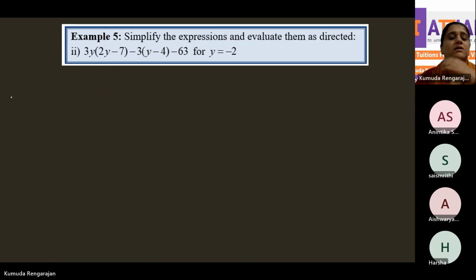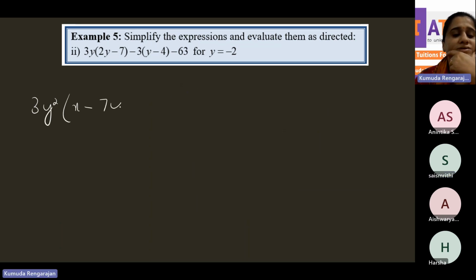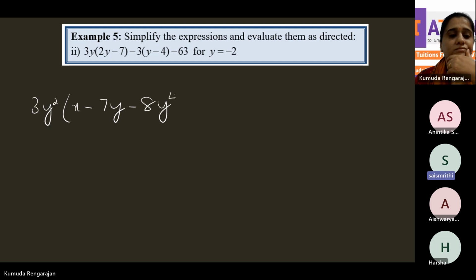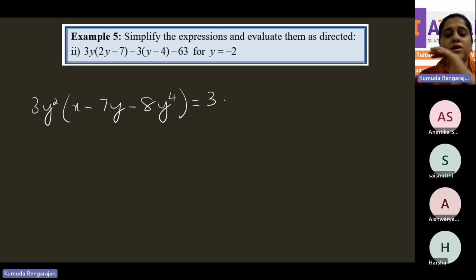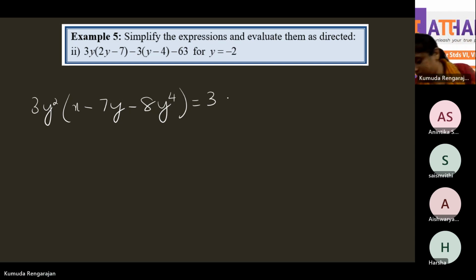Yeah. Now, Sai Smriti. Yes, ma'am. Yeah, answer this. How do you simplify this? One minute, ma'am. Yeah, no. Don't do it in your book. Tell me now. 3y square x. Order. 3x y square.